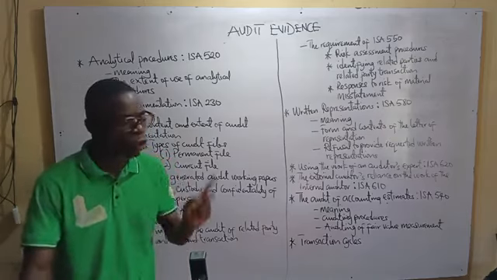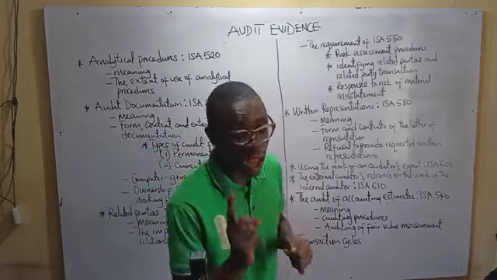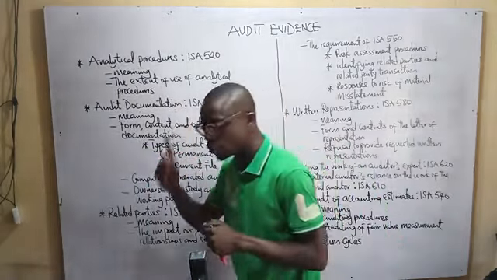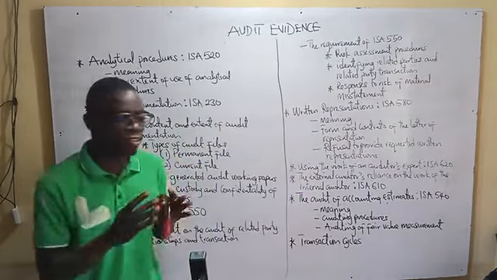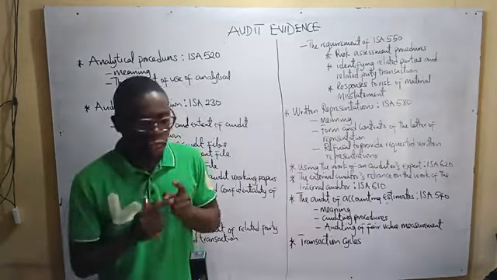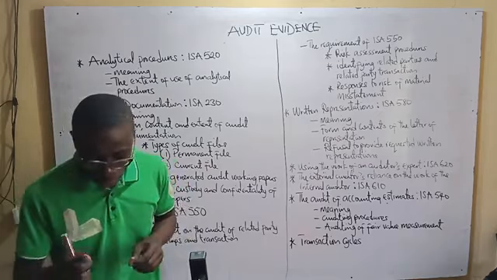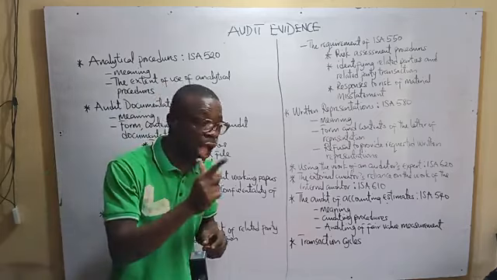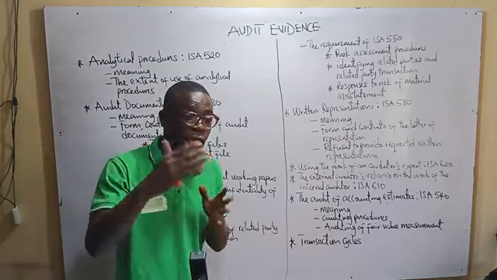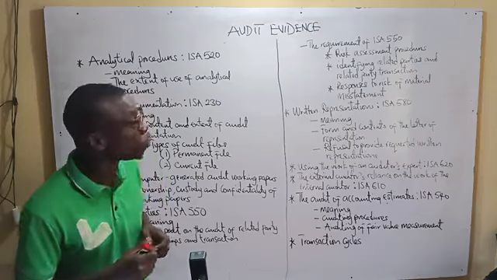So one is for the auditor. When an auditor is carrying out analytical procedure, he must consider the following to know the extent to which he can use it. He must determine the suitability of the analytical procedure for the financial item he wants to apply it to.